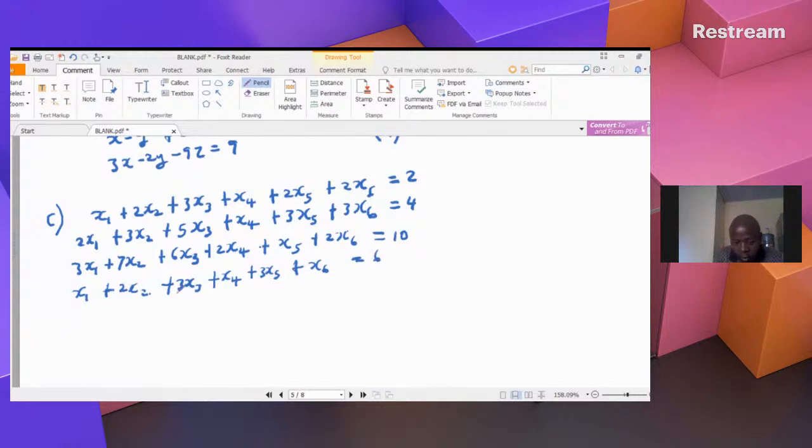That is x1 plus 2x2 plus 3x3 plus x4 plus 3x5 plus x6 equals 6. Then lastly I have 2x1 plus 4x2 plus 6x3 plus 2x4 plus 2x5 plus 6x6 is equal to -4.